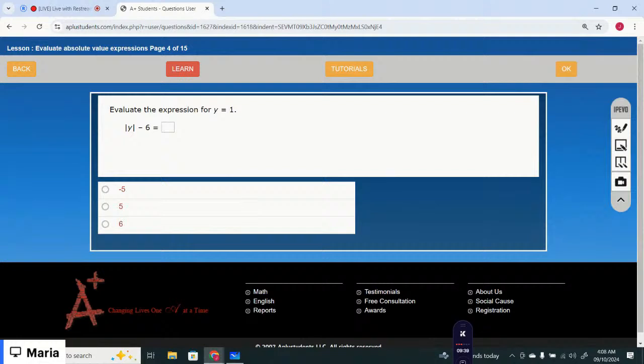The next one is evaluate the expression for y equals 1. So which is the correct option?